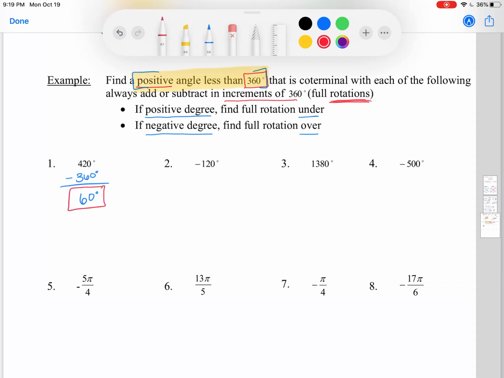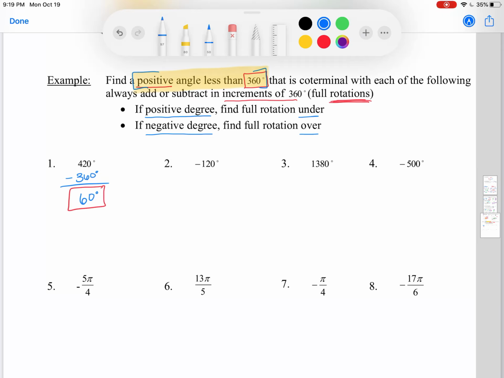And when you do that, you will have a positive 60 degrees. Now, is that between 0 and 360? Yes, it is. So that can be my coterminal angle. At 420 degrees, if you subtract a rotation, if you go backwards a rotation, the coterminal angle will be 60 degrees. It's still the same angle, just at a different rotation.